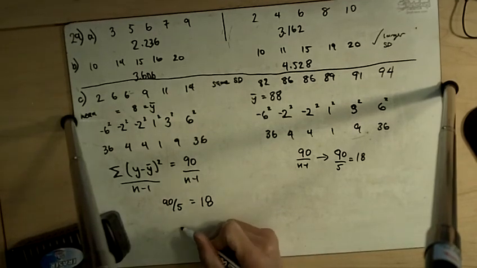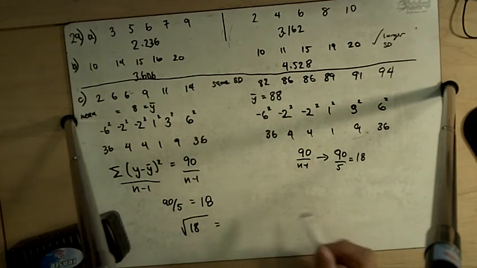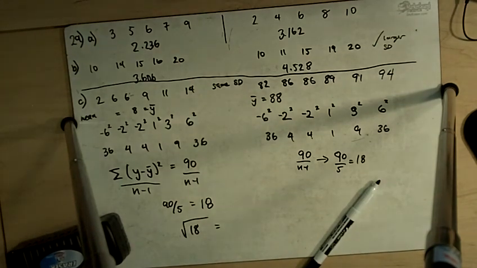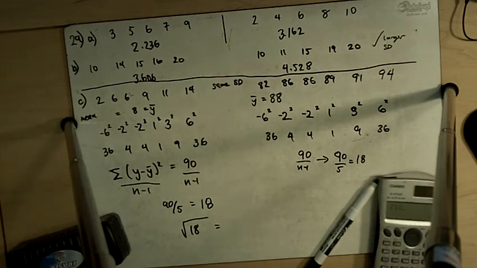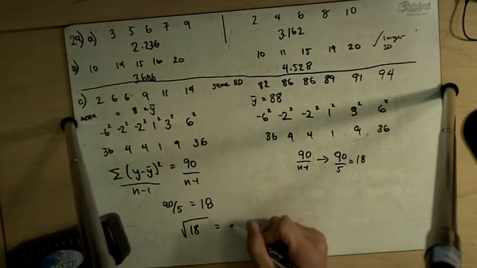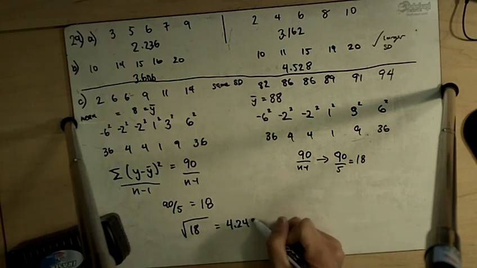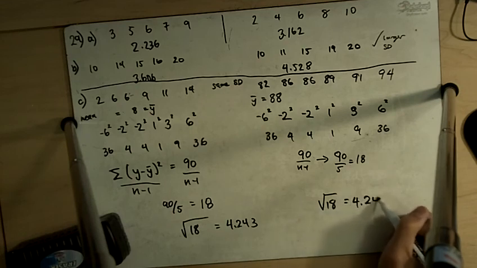And our standard deviation is going to be the square root of 18. And that's going to be the same for both sets. And so the square root of 18 is equal to 4.243. And over here we have the square root of 18 is equal to 4.243.